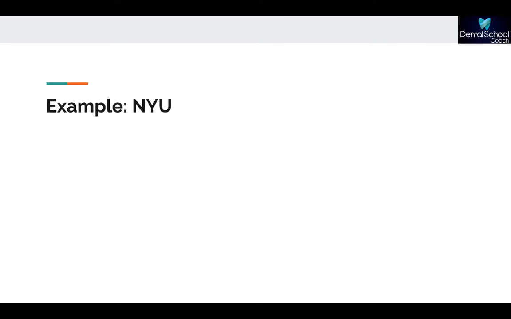It requires a lot of writing. 5,000 characters is more than what you have for your AADSAS application. But it's doable to look at all the characteristics, all the things that they have, and all the resources that they provide. I think it's a good school from that perspective, and you'll have no problem finding that information.